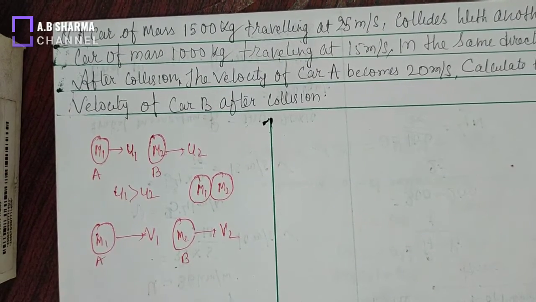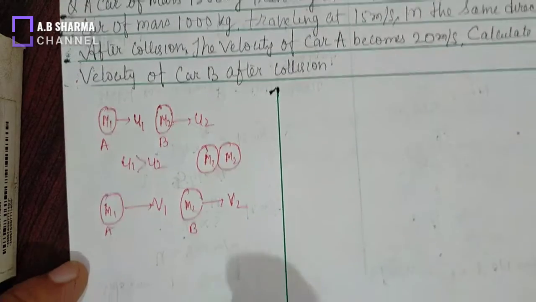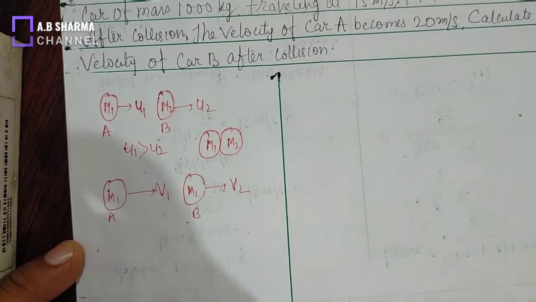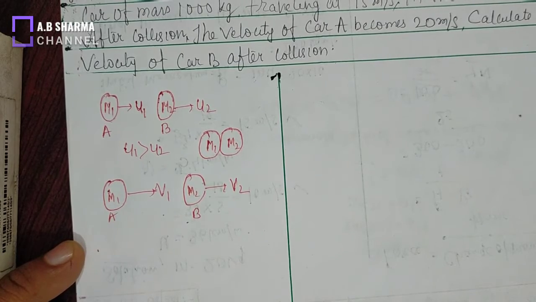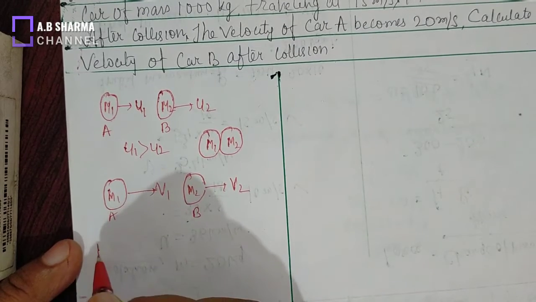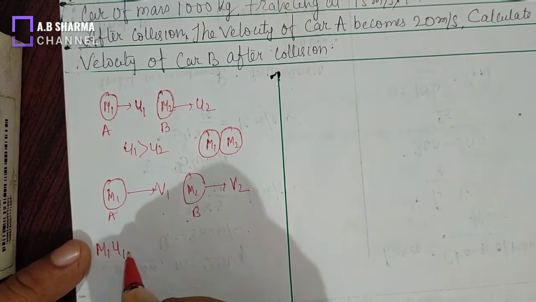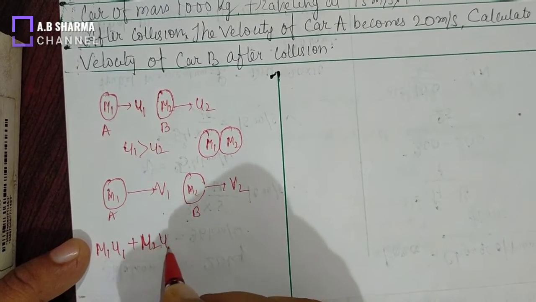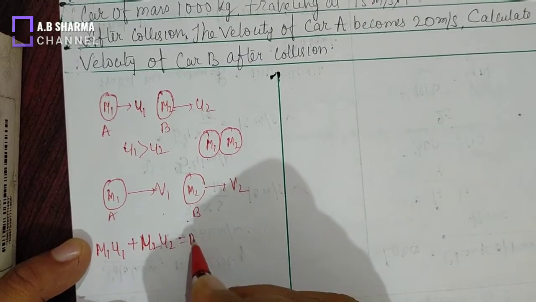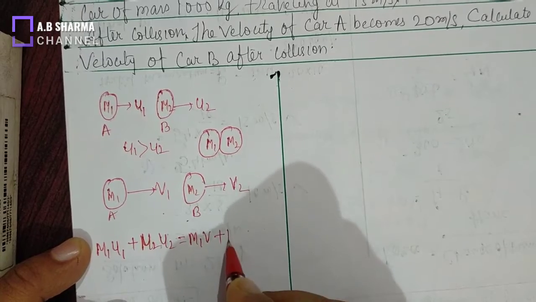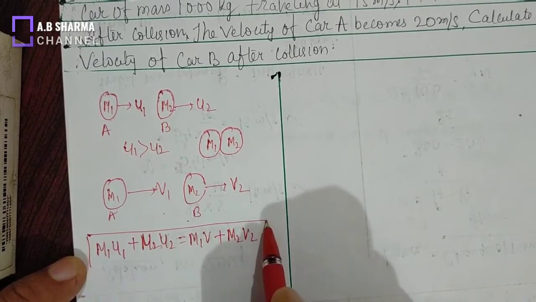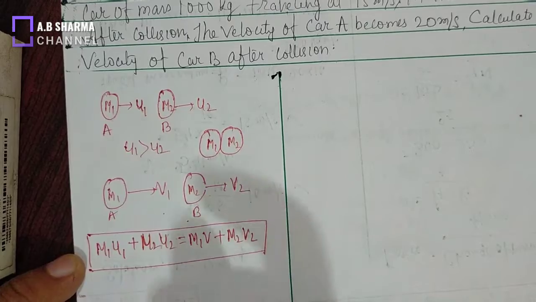So initial momentum equals final momentum. This is the conservation law of momentum: m1 u1 plus m2 u2 equals m1 v1 plus m2 v2.